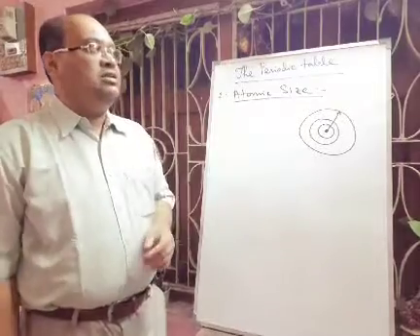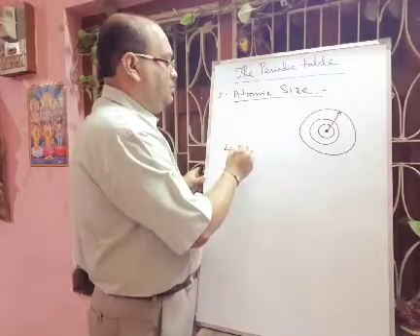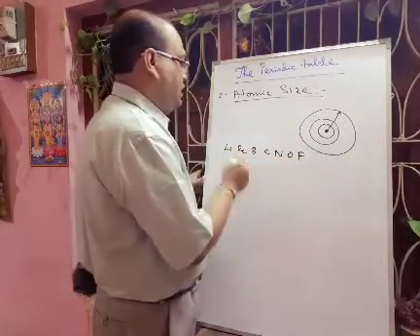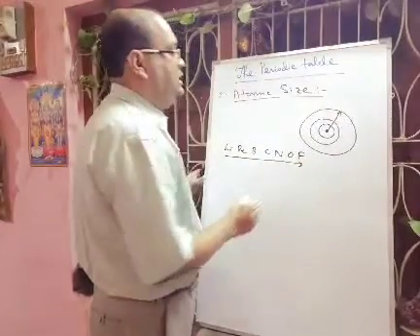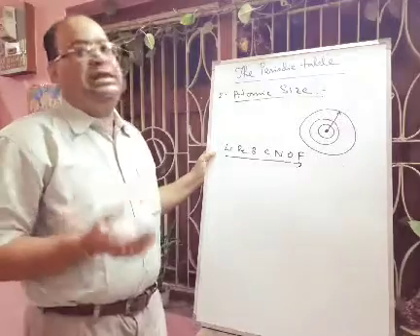Again, from lithium to beryllium, boron, carbon, nitrogen, oxygen, fluorine, the size of the atom or atomic radius decreases.